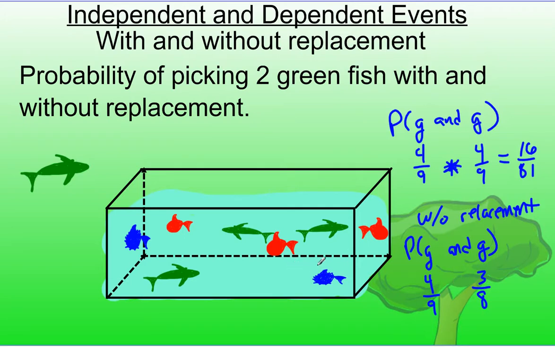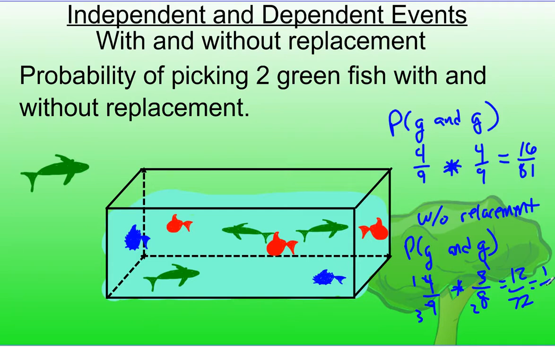In fact, the probabilities of all the fish have changed, because now instead of being 9 fish in the fish tank, there's only 8. So when you multiply here, you're going to get 12 up top and 72 down below, and you simplify to be, what, 1 out of 6? I'm doing the math. Let's see. That's 1, that's 2, that's 1, that's 3.